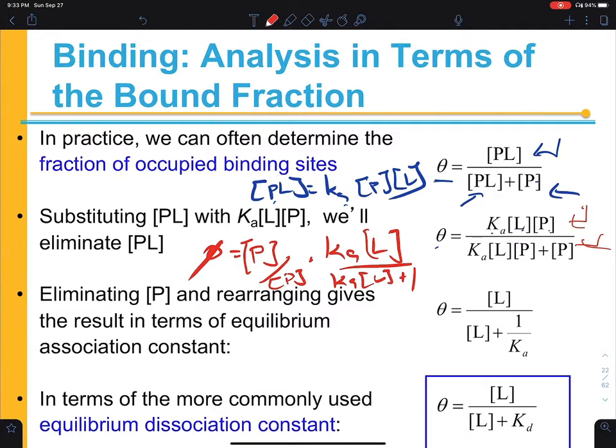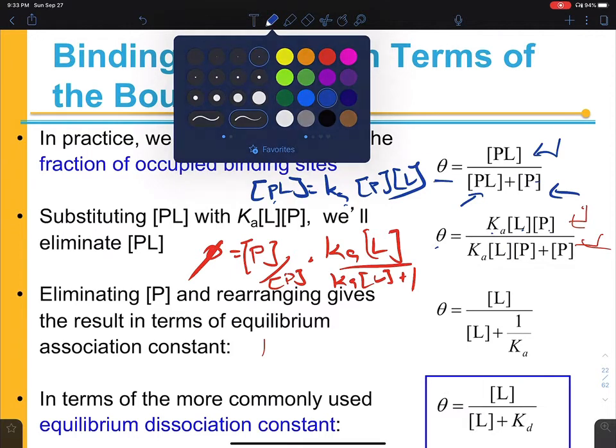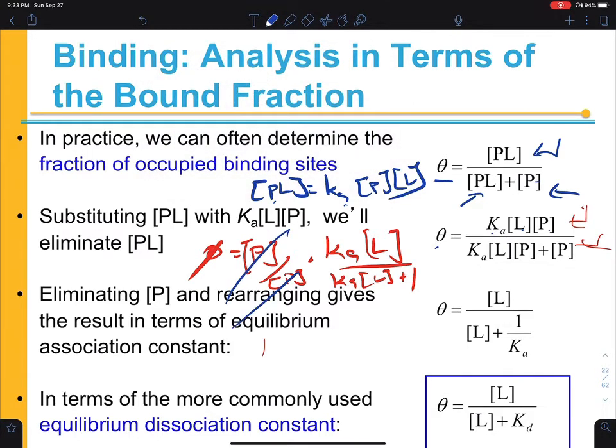All right, you see that? This is just the laws of distribution. P over P obviously cancels, and so we're left with theta equal to KaL over KaL plus 1.